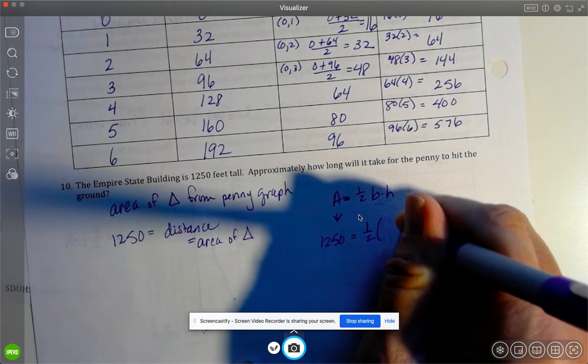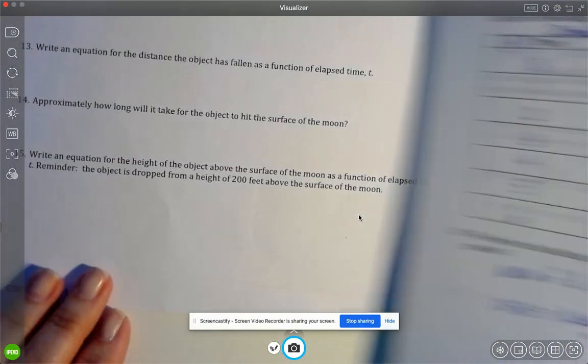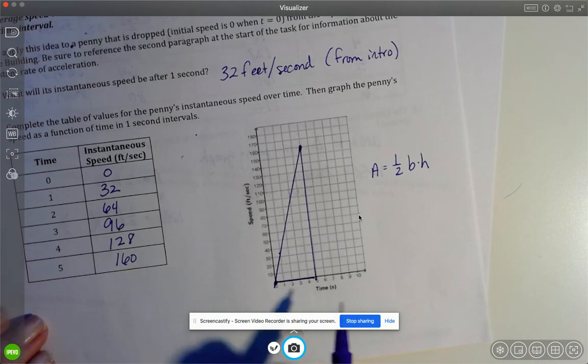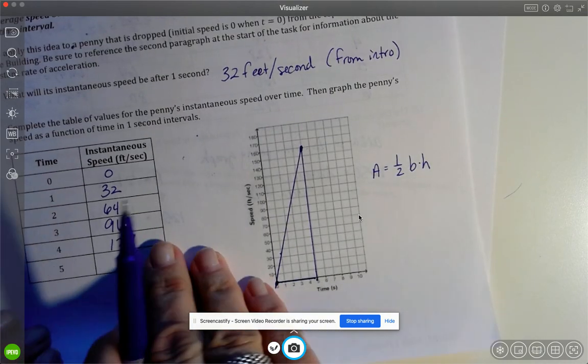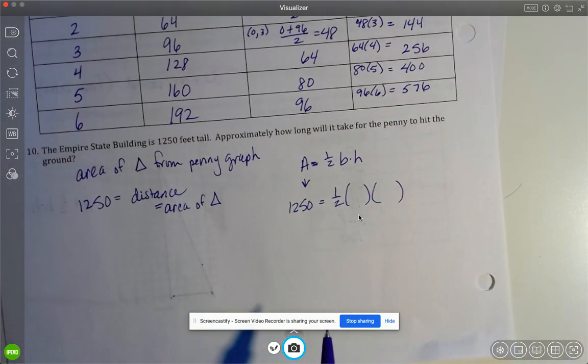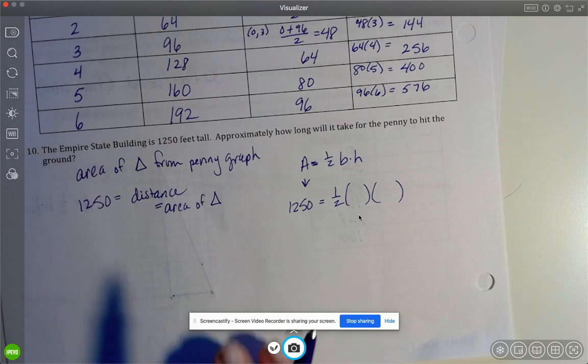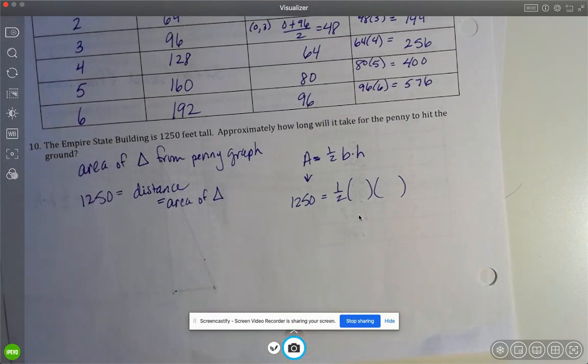And then what's the base? Well, the base here is 5, but did it take 5 seconds? I mean, at 5 seconds, did it go all the way?